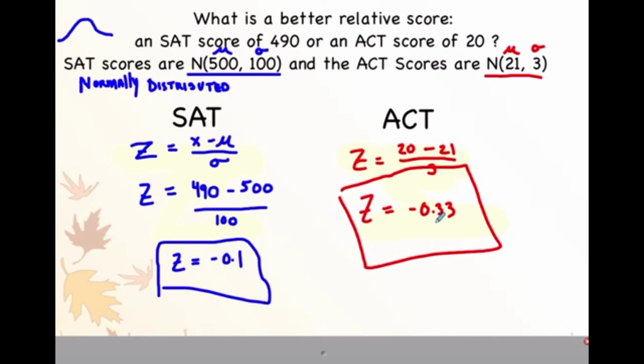They're about a third of a standard deviation below the mean. So which person is less negative? Which person is less below the mean? This person right here. This z-score is a larger value, so that person would have done better relative to that test.